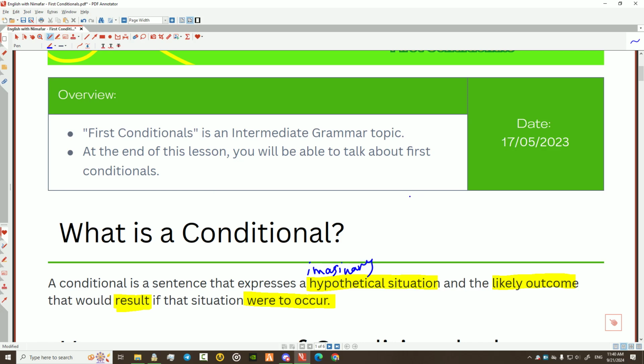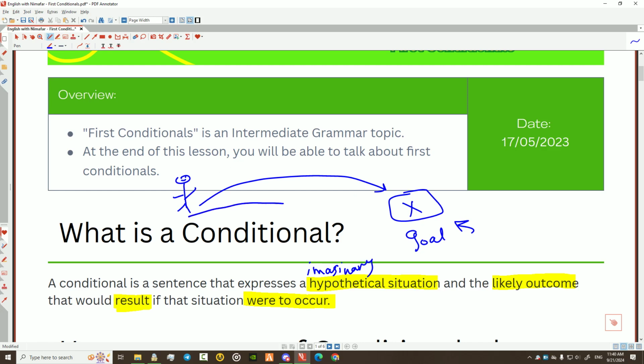Okay. Let's say this is your goal. You want to achieve that goal. You want to succeed. You are here, and there's a distance between you and the goal. You need to do something. You need to pass, for example, this barrier.